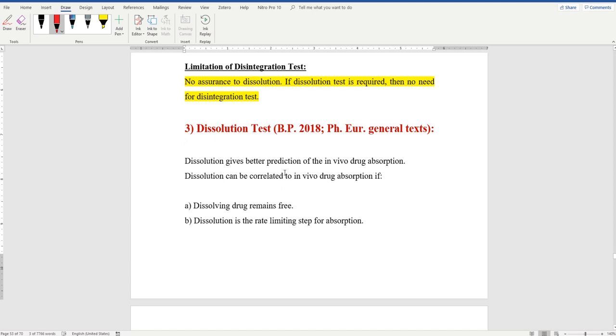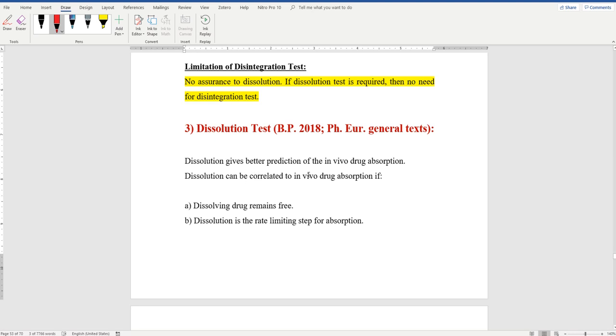So in vitro in vivo correlation. Correlation يعني ايش? They correlate, يعني they go with each other, they have a relationship with each other. إذا correlation يعني relation. إذا حكينا it's inversely correlated يعني ايش؟ يعني if something increases, the other one decreases.